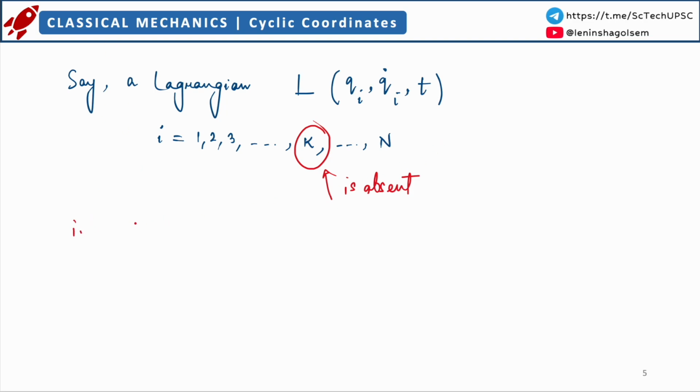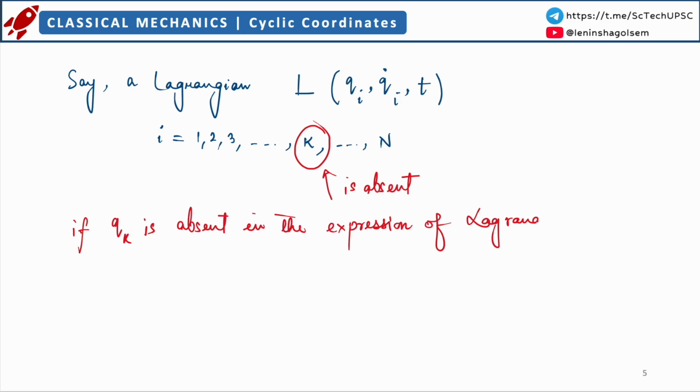That is, if qk is absent in the expression of the Lagrangian, we are talking about the absence explicitly.